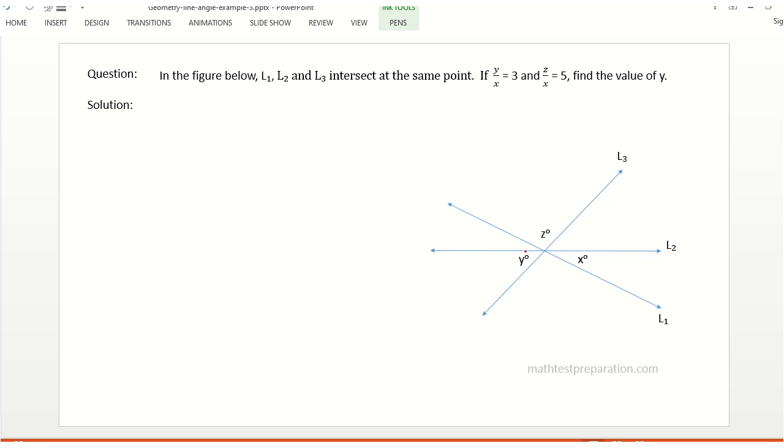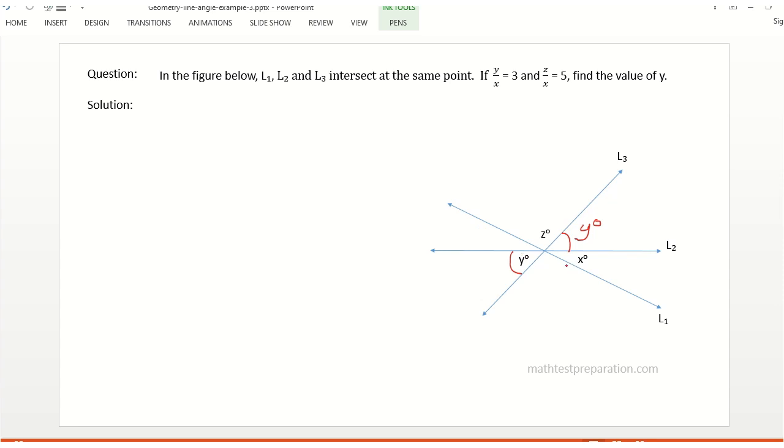Because L2 and L3 intersect at this point, this angle and this angle are vertical angles. Vertical angles are equal in measure, so these angles are y degrees. Because L1 is a straight line, it forms a straight angle.